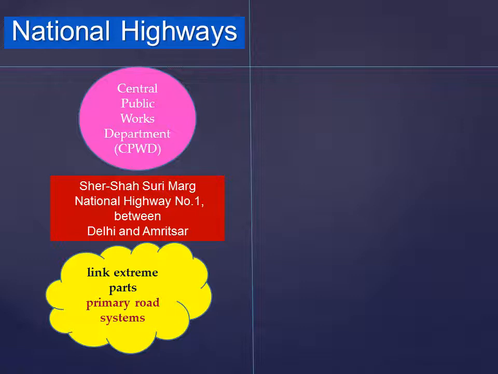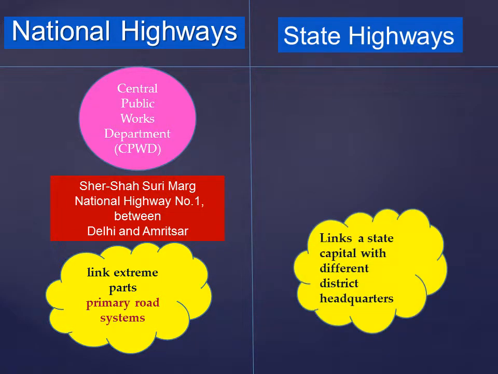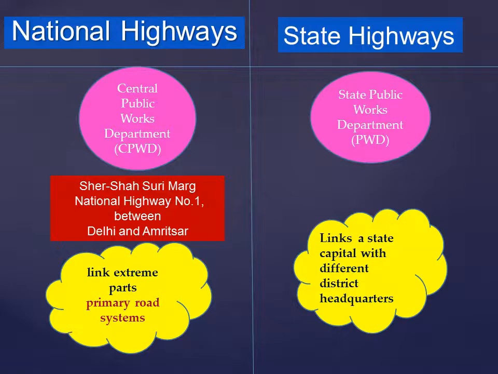The historical Sher Shah Suri Marg is called National Highway number 1 between Delhi and Amritsar. State highways: roads linking a state capital with district headquarters are known as state highways. These roads are constructed and maintained by the State Public Works Department (PWD).